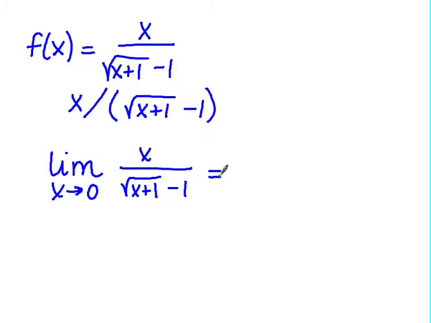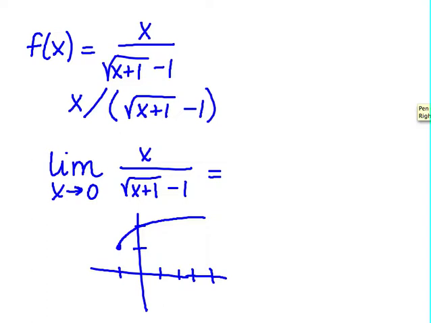You're getting a graph right now, and it looks something like this. So we want to know, what does the limit equal at 0?